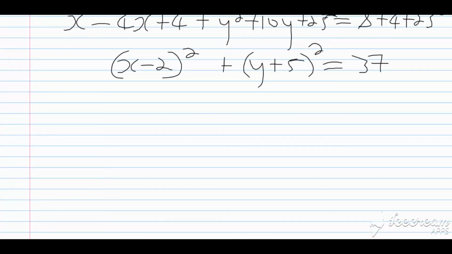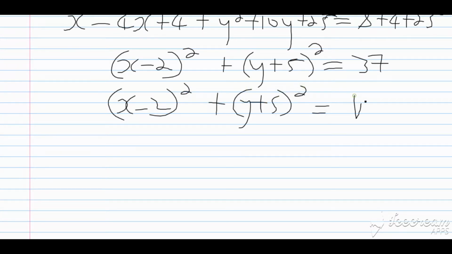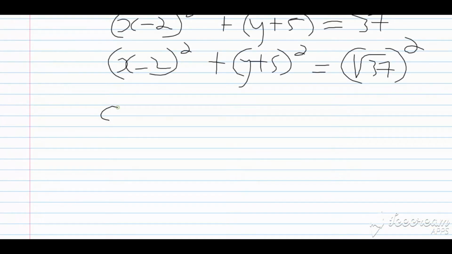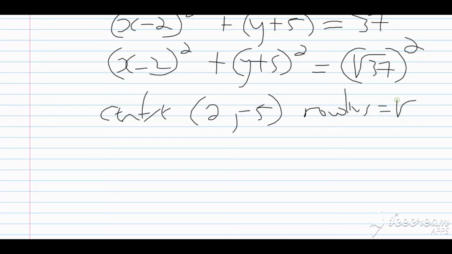However, I need to write it in the form r squared, so I have x minus 2 all squared plus y plus 5 all squared equals root 37 squared. So now I can determine the center: the center of my circle is at 2, negative 5, and my radius equals root 37 units.